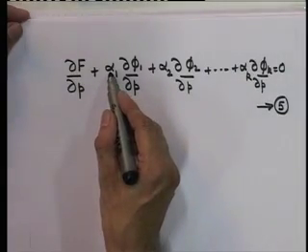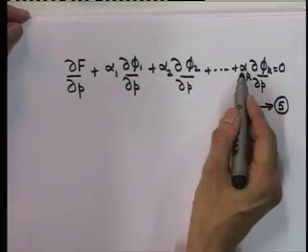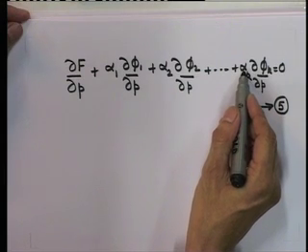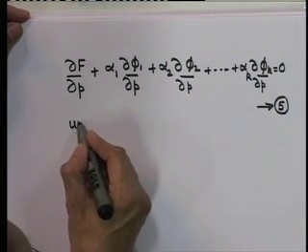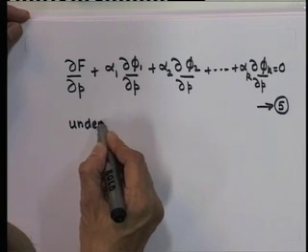The quantities alpha 1, alpha 2, up to alpha k are adjustable constants called undetermined multipliers.